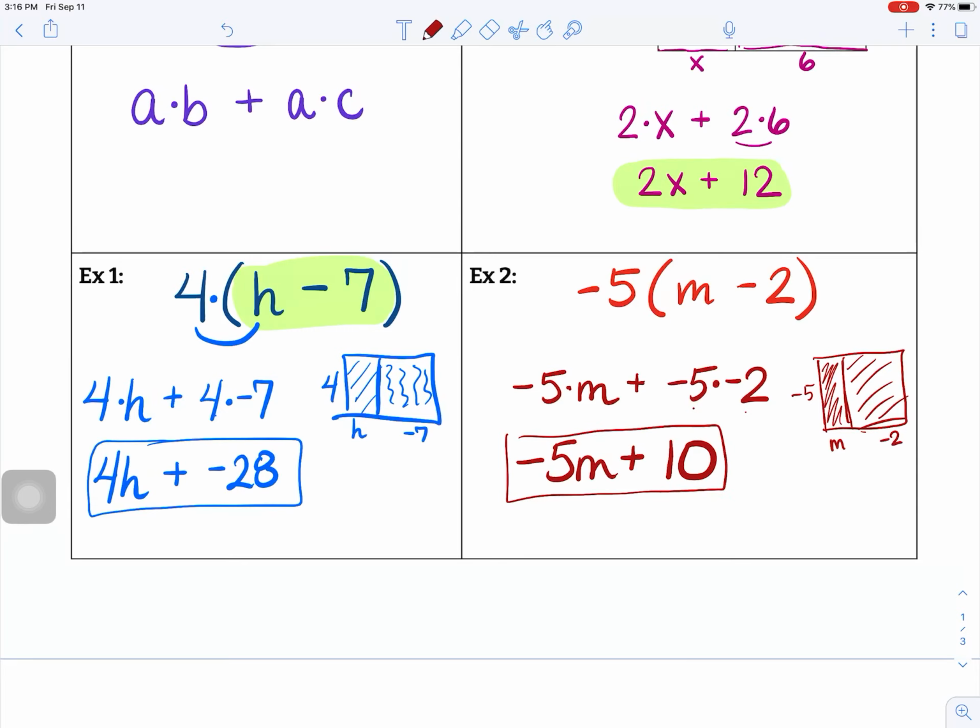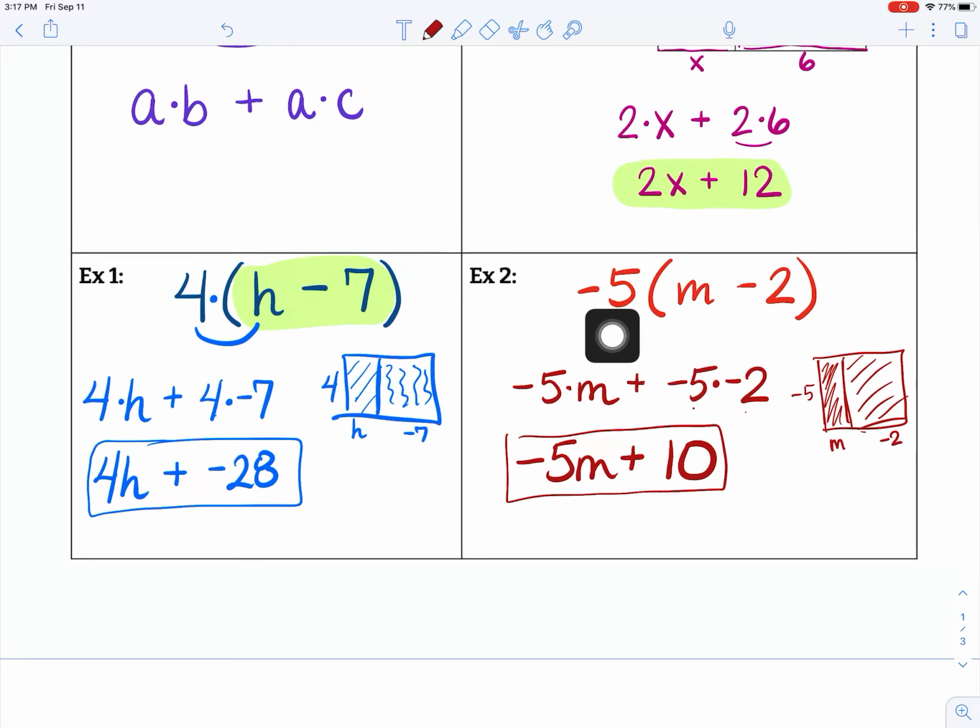So one thing that's pretty crazy about the distributive property, I want you to take a look at example 1 and 2 here. So here I started with a positive 4 on the outside. There was an h and a minus sign with the 7 on the inside. When I distribute that multiplication, notice how I end up with a plus negative 28. So there's still that minus sign represented there.